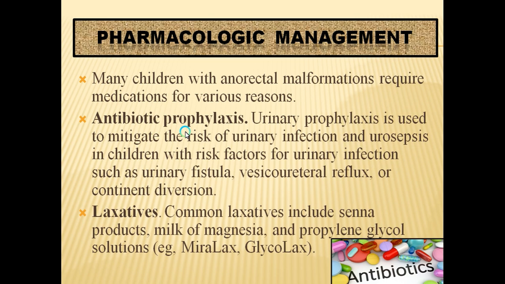If such is the condition, then the chances of infection are very high. So urinary prophylaxis is used to mitigate, that means lessen, the risk of urinary tract infection and urosepsis, for example with a urinary fistula or vesicoureteral reflux. So these are the basic problems which can be there, so antibiotics can be given prophylactically.